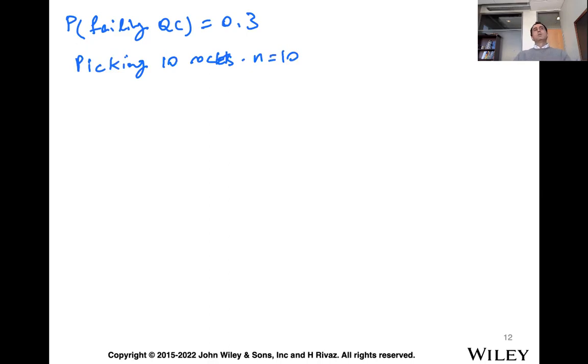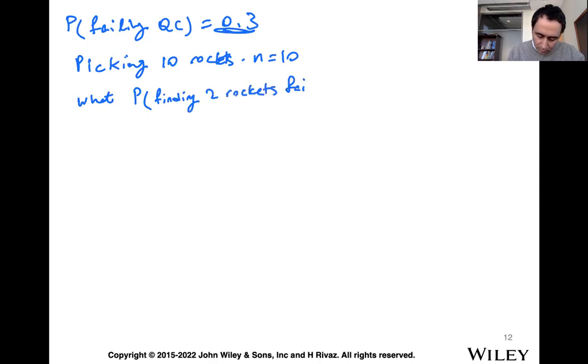Each of these rockets has a 30% chance of failing QC. The question asks, what is the probability of finding 2 rockets that fail QC?